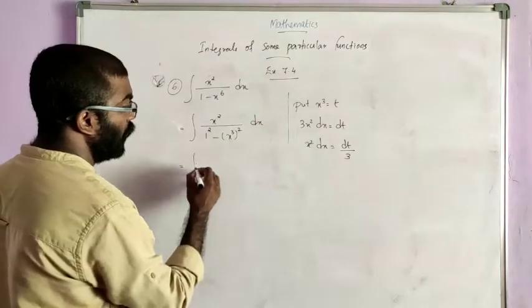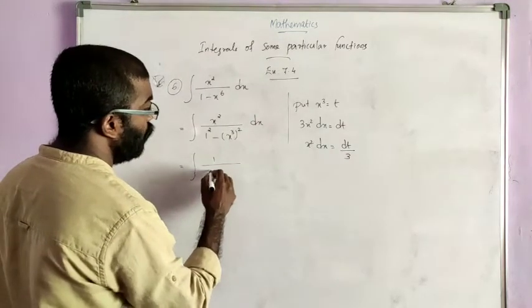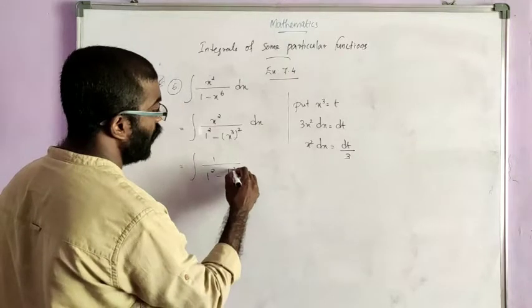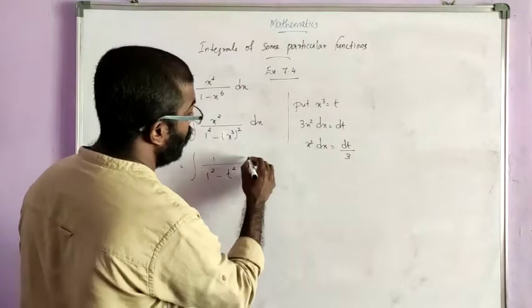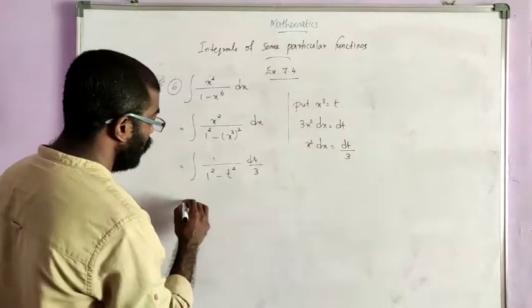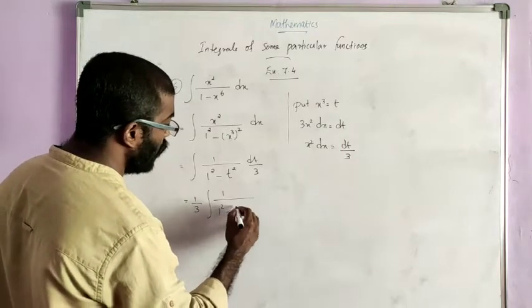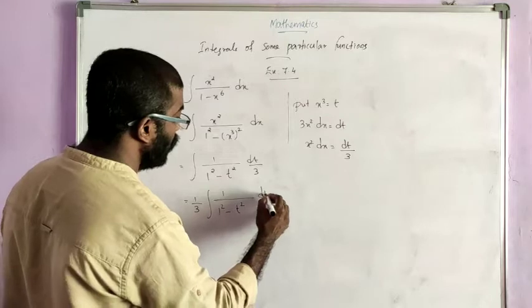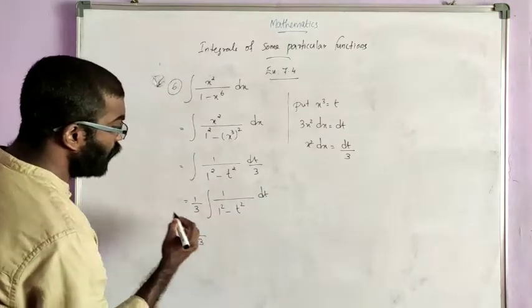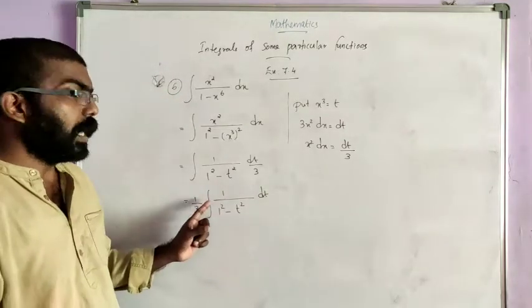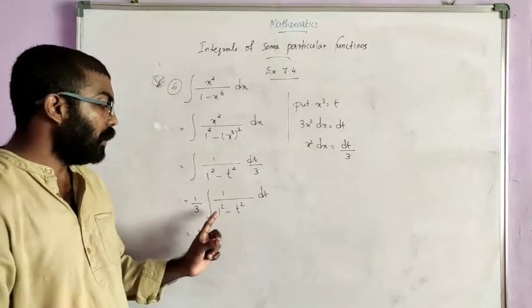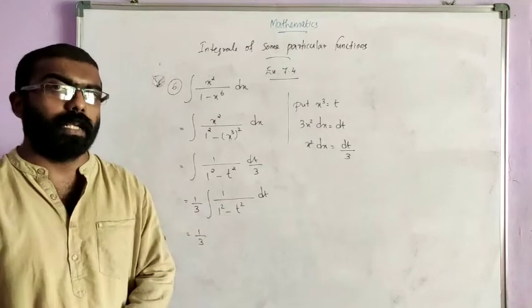Which is equal to integral 1 by 1 square minus t square, then x square dx is dt by 3. So 1 by 3 into integral 1 by 1 square minus t square dt. That is 1 by 3 integral 1 by a square minus x square dx.